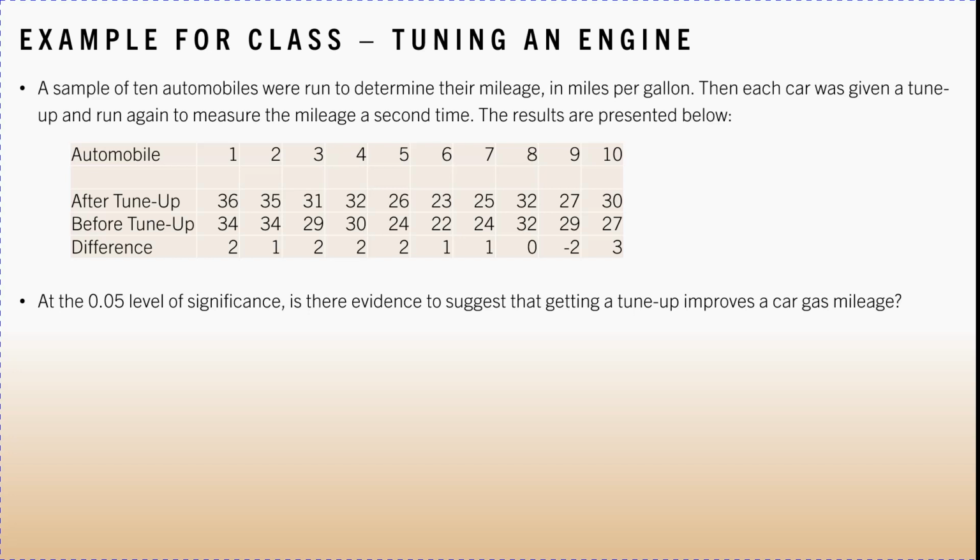At the 0.05 level of significance, is there evidence to suggest that getting a tune-up improves a car's miles per gallon? The way we are going to define this is we're going to consider mu1 the mean miles per gallon after tune-up.